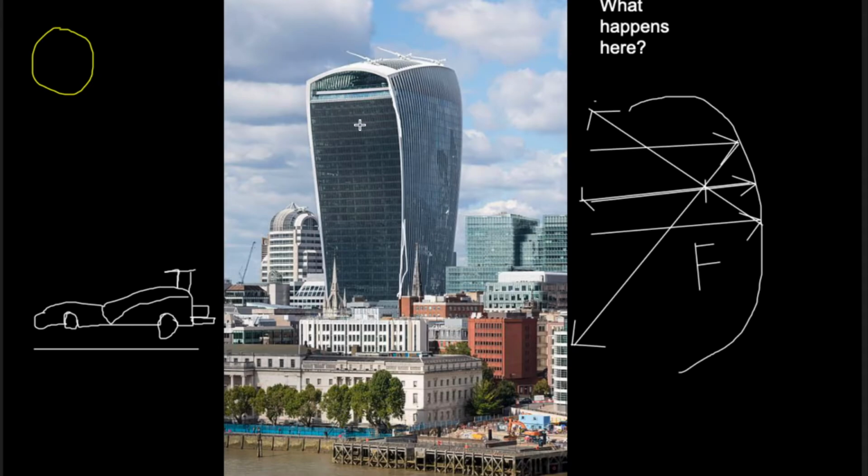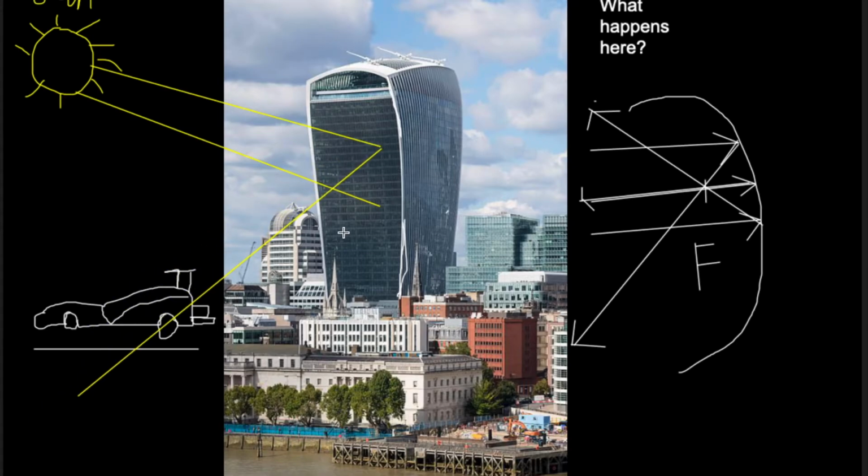So now let's look at this. We have our sun right here. Let me just draw this. So this is our sun. Now light rays are going to be coming from the sun and hitting this image. So these are the light rays, and since they're going to reflect, like this.